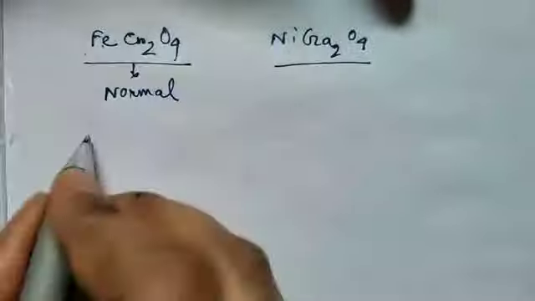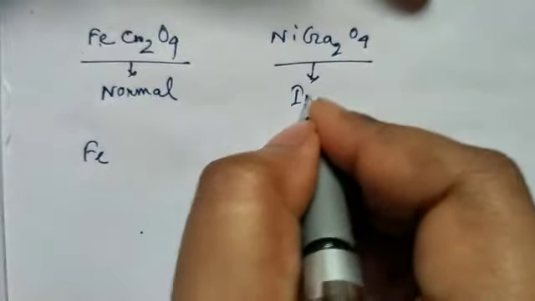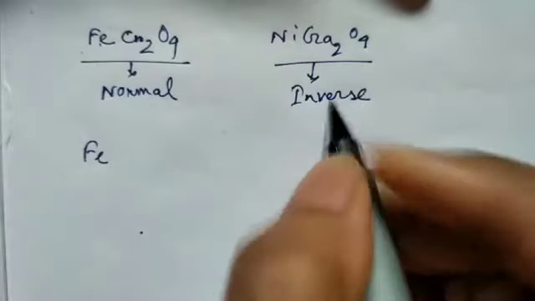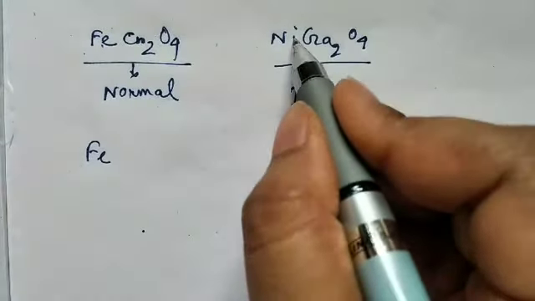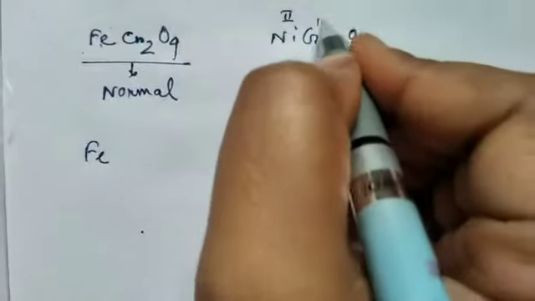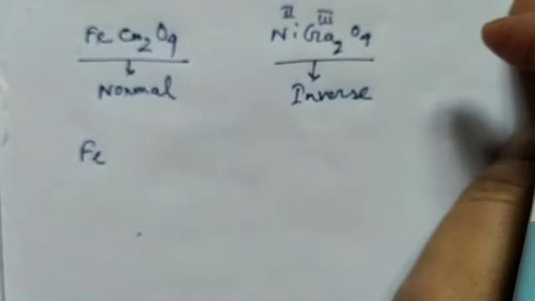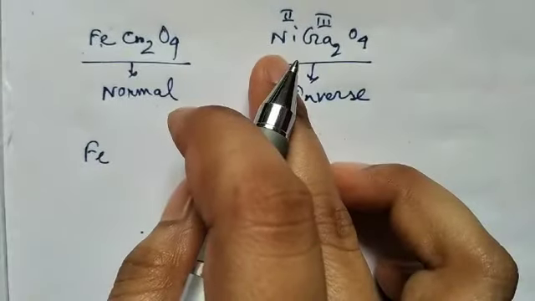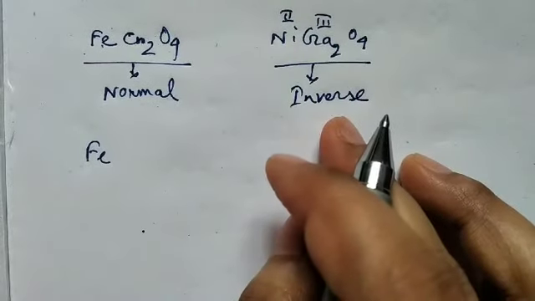Here iron is normal, and for the nickel compound it is mentioned that it is inverse. You can see here that gallium is a non-transition metal and nickel is a transition metal. That means nickel 2 will have more CFSE than gallium 3 in an octahedral field. Therefore, as the dipositive cation gets more CFSE in the octahedral field, it will be an inverse spinel.